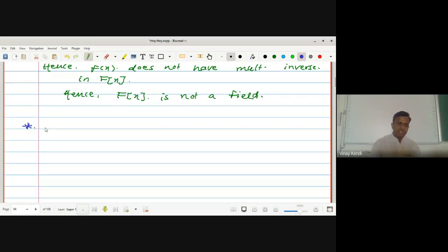Now the next definition is Euclidean domain. Look at the definition. What is a Euclidean domain? Euclidean domain or Euclidean ring. Let R, capital R, be an integral domain.